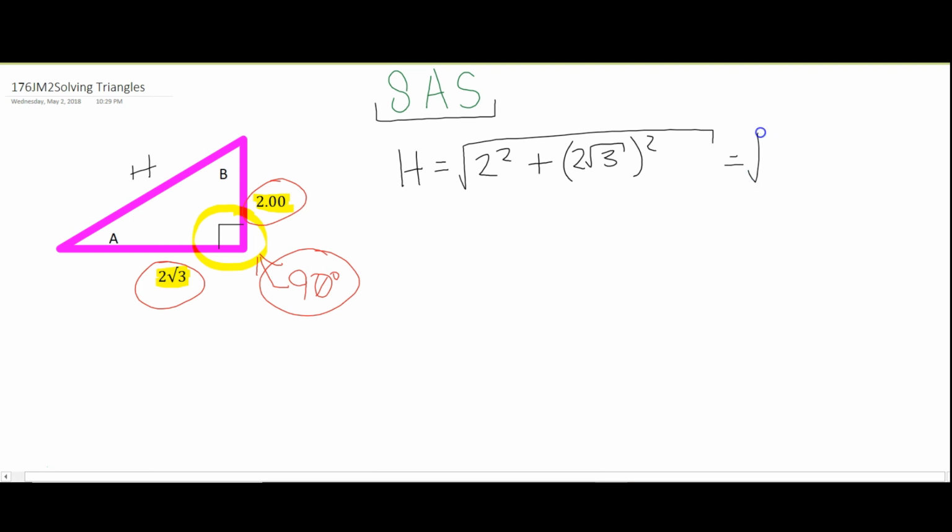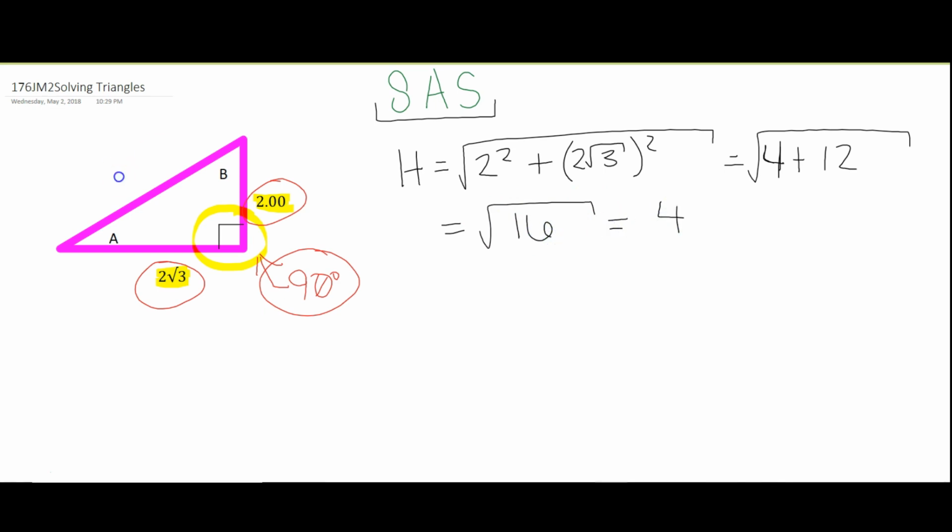That's going to simplify to 4 plus 12, and that simplifies to the square root of 16, which is just 4. Nice even number, that's nice. So the hypotenuse is equal to 4. Wonderful. That's not a good color for that. Let me do this color.